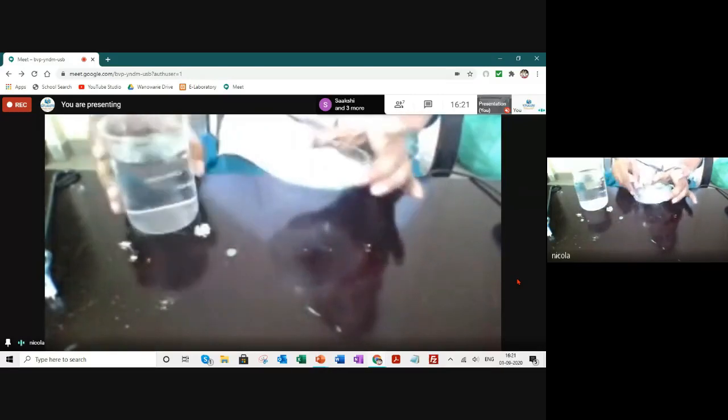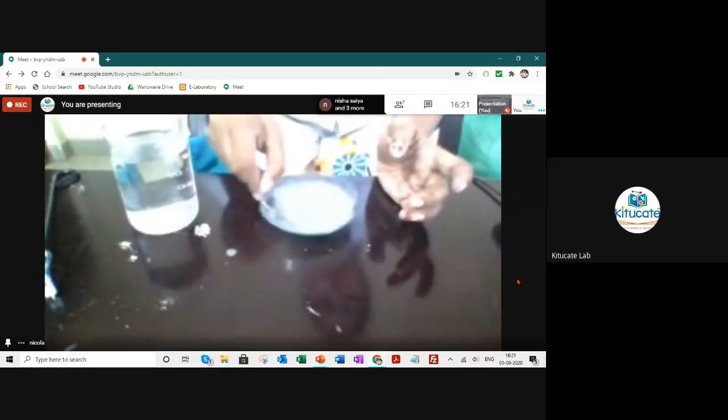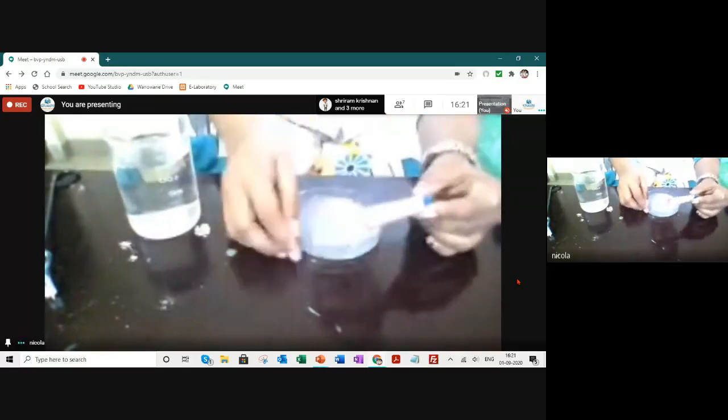All right. So we got magnesium oxide. Okay. We'll mix a little bit of water, and then we'll test it with red litmus paper.